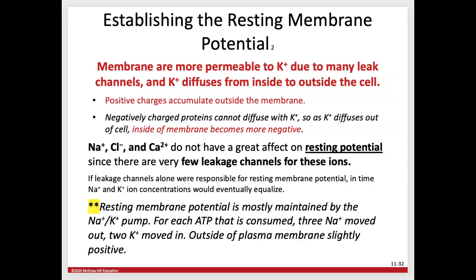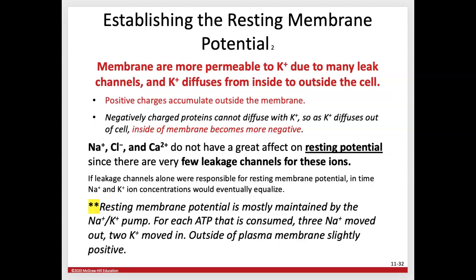Sodium, chloride, and calcium do not have huge effects on resting membrane potential, since there's not nearly as many leak channels for those. Again, there's way more leak channels for potassium than there are anything else. So a resting membrane potential is mostly maintained by the leak channels and the sodium-potassium pump.